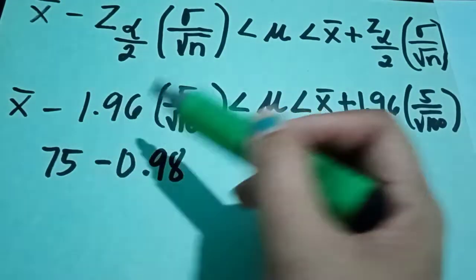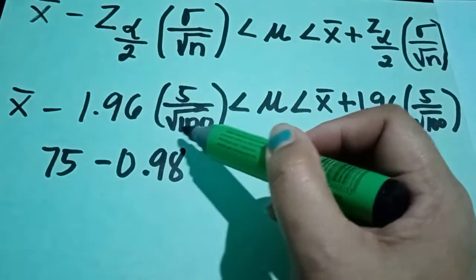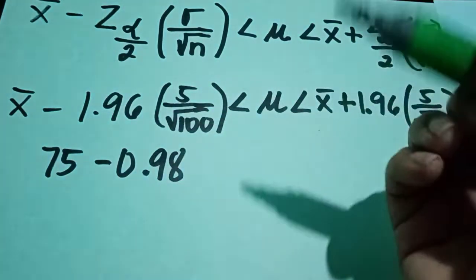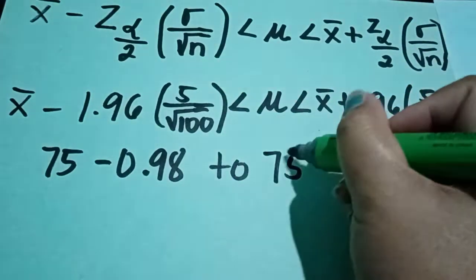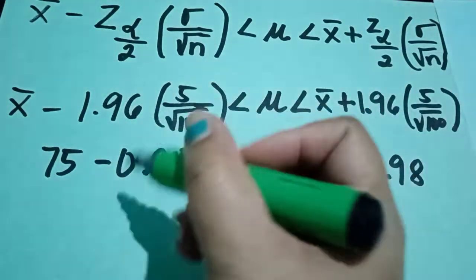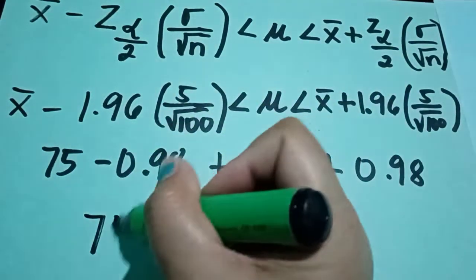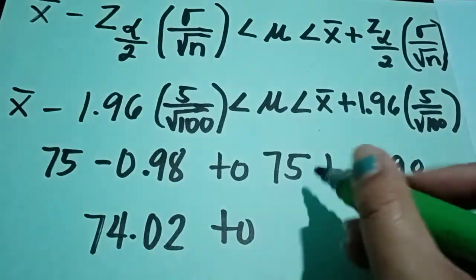You have 1.96 times 5 all over the square root of 100, so that's directly 0.98. And then, we have here 75 minus 0.98, so we have 74.02. And then 75 plus 0.98.